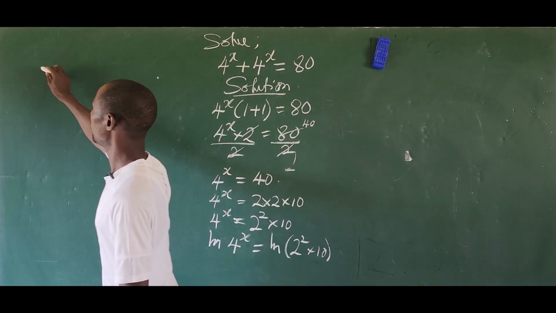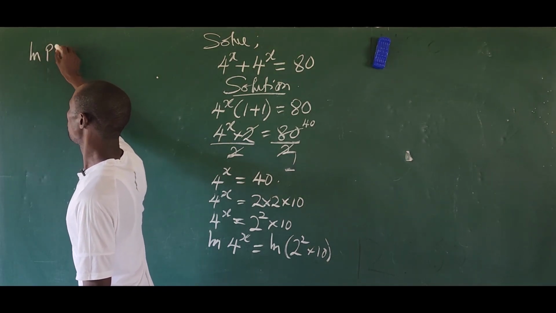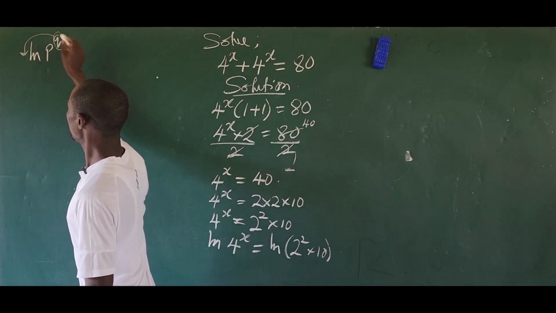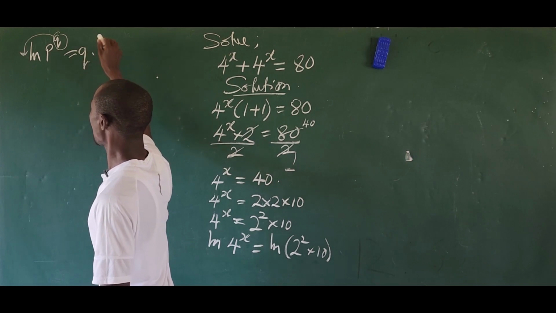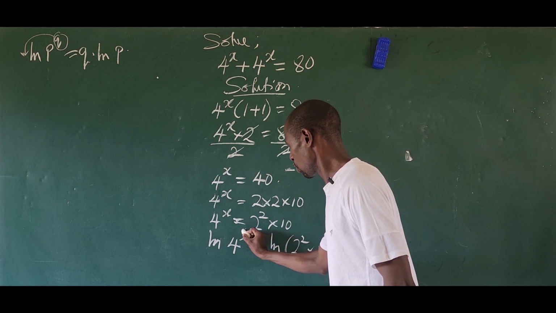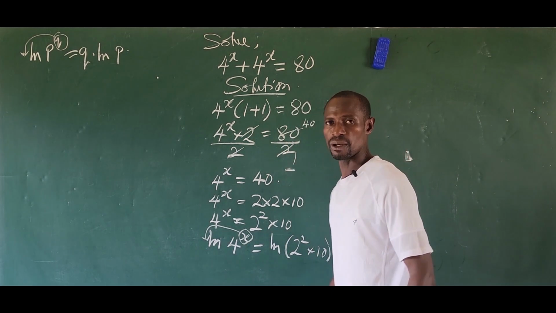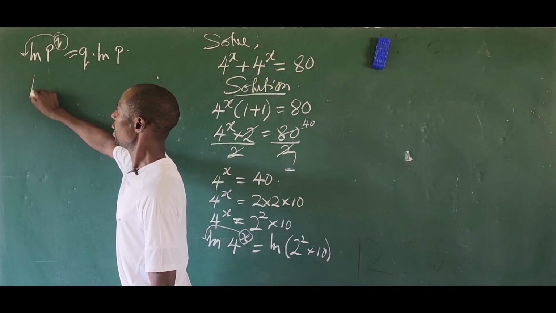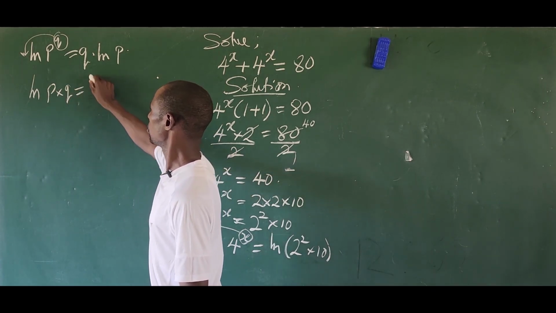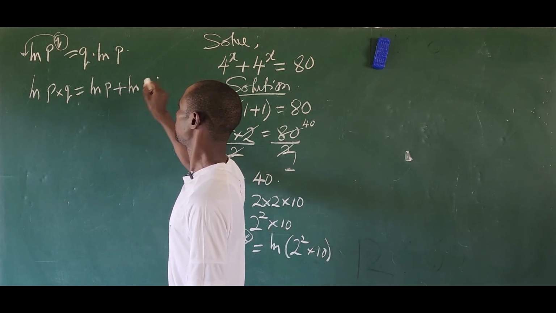It says that if you have the ln of, let's take P all to the power of Q, then move this power to this side, and so this is going to give us Q times the ln of P. So we're going to move the whole of this x to this side. Then the multiplication law says that if you have the ln of P times Q, this is equal to the ln of P plus the ln of Q.